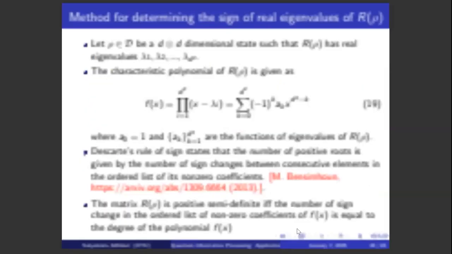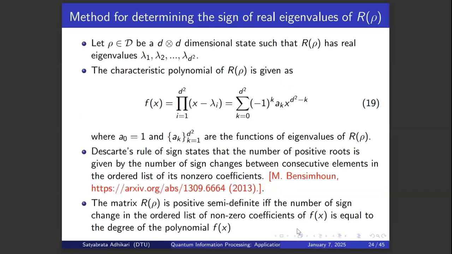Since we have a d-dimensional system, R rho has d square eigenvalues, because the matrix representing R rho is a d square cross d square matrix, so it has d square eigenvalues.